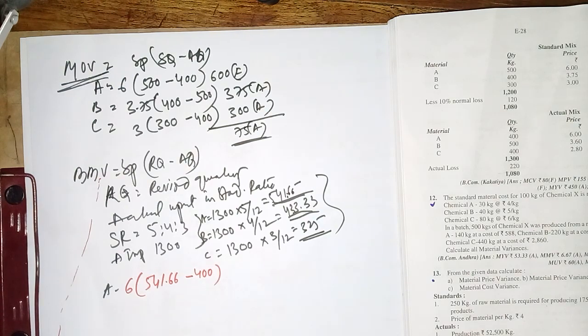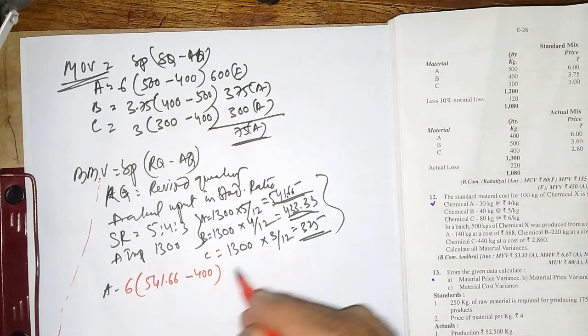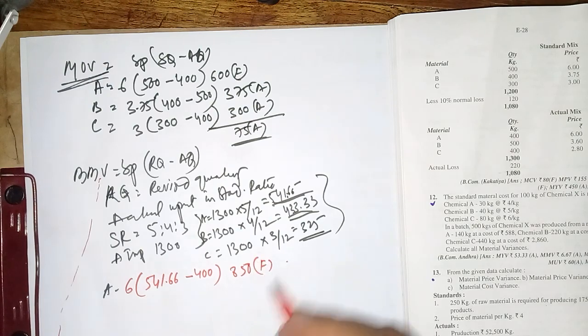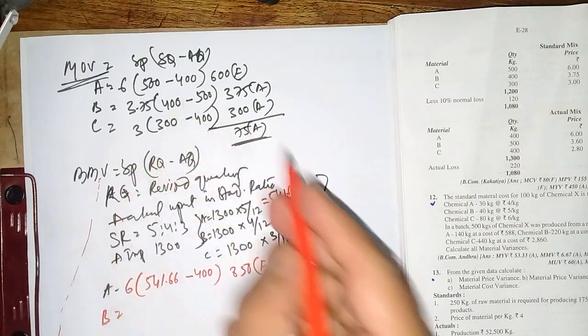So 541.666 minus 400 into 6 is equal to 850 favorable we are getting, right? Then B is equal to standard price is how much?